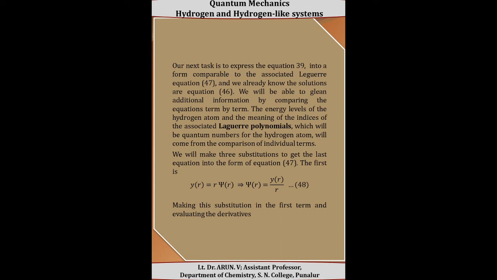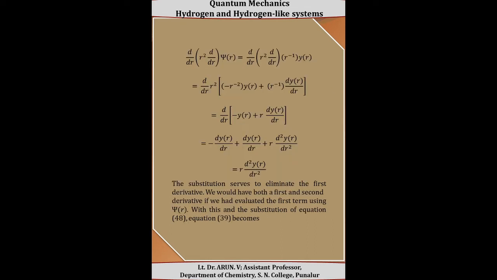Making this substitution in the first term and evaluating the derivatives, we get d/dr of r² d/dr psi(r) equal to d/dr of r² d/dr of r^(−1) y(r), equal to d/dr of r² into [−r^(−2) y(r) + r^(−1) dy/dr], which on simplification is d/dr of [−y(r) + r dy/dr], or −dy/dr + dy/dr + r d²y/dr², that is equal to r d²y(r)/dr².